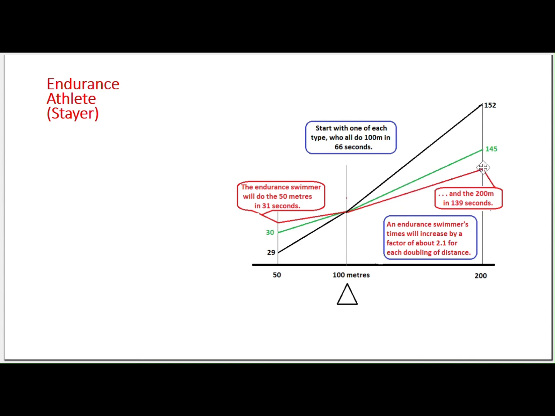They might do a 200 in, what have I got there, 139, 2 minutes 19, something like that. So you can see they are talented. We'll see this later if I do the race animation. You'll see what this does in practice. I'll include the race animation in the video, all being well.